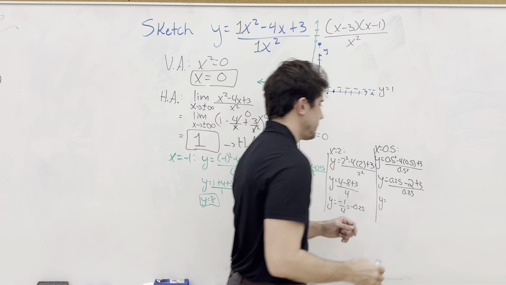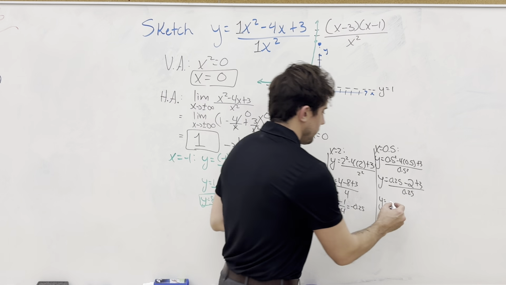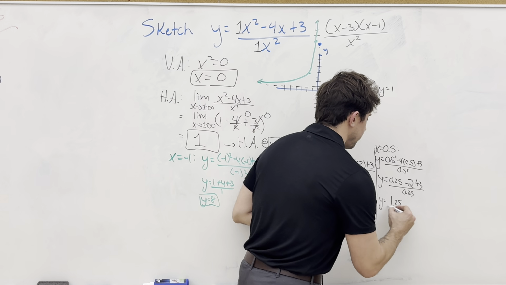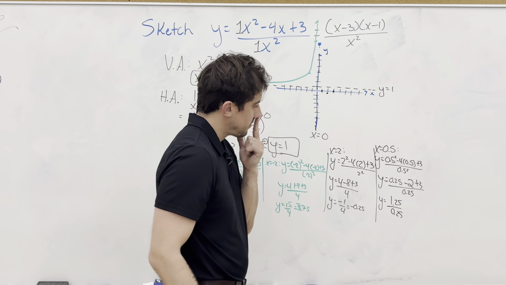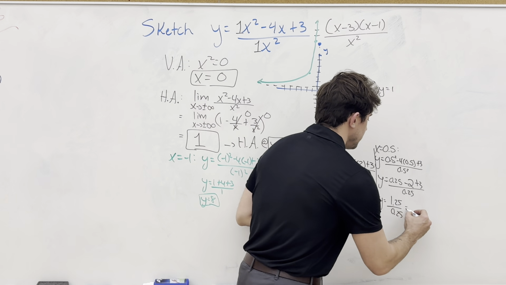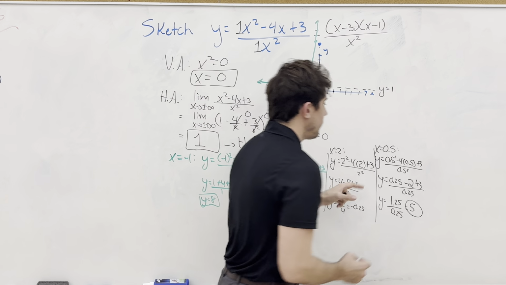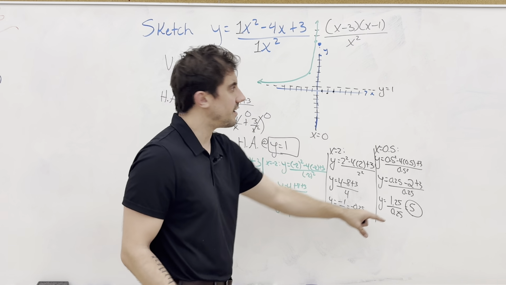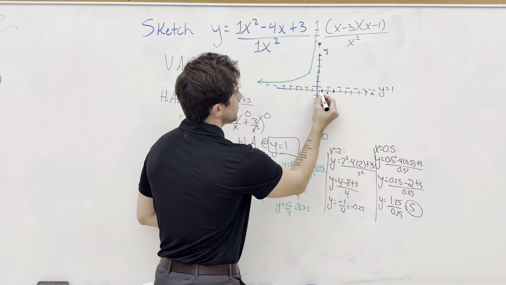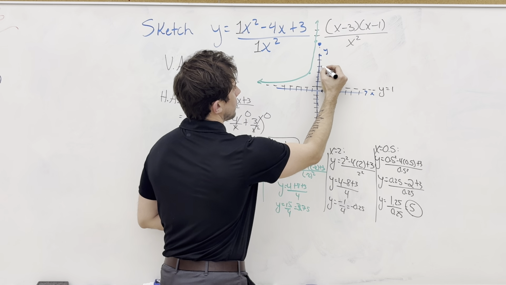And so y is 1.25 over 0.25, right? And that is equal to 5. When x is 0.5, we get a y-coordinate of 5. That means that we have a point around here.